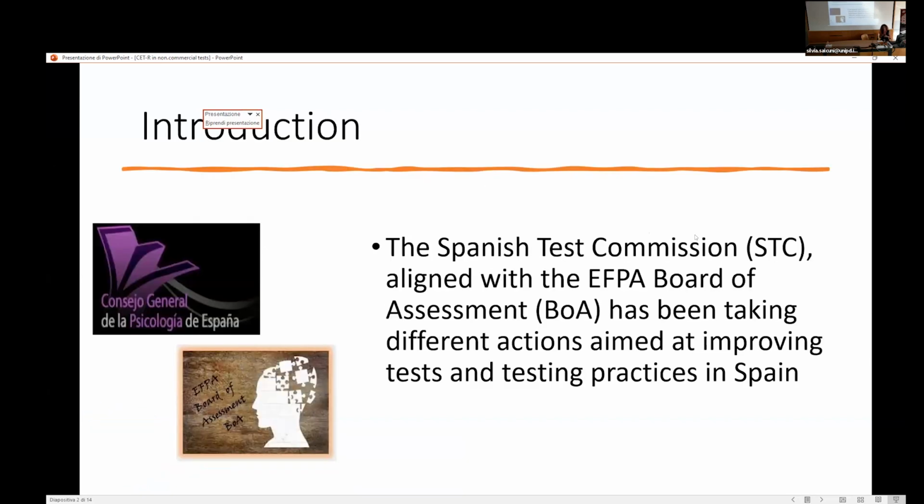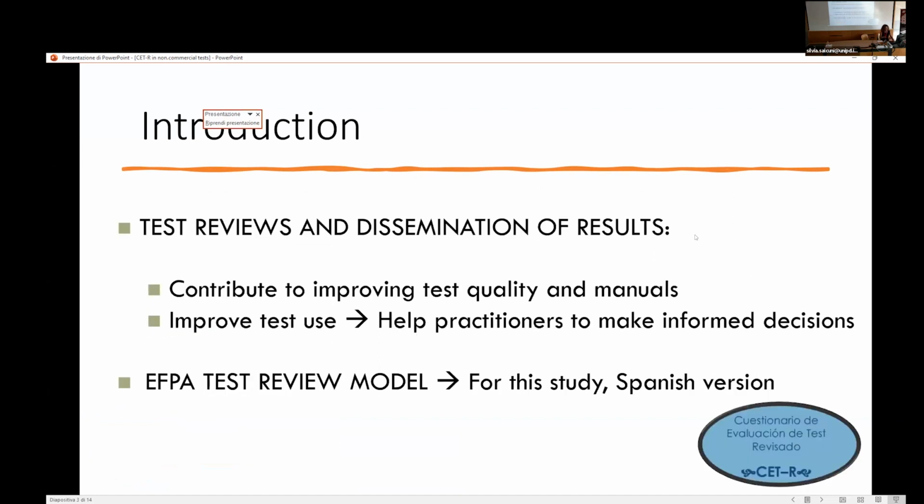You probably know that the Spanish Test Commission is aligned with the EFPA objectives of improving tests and testing practices. Within the different actions we take to improve tests and testing practices, one key action is the test review models, proposing test review models and applying those models to disseminate the results about test quality.